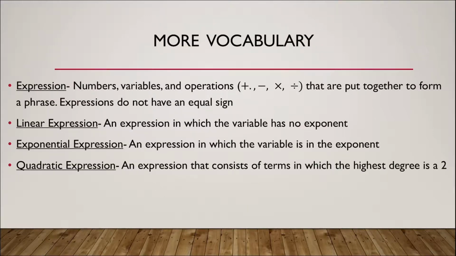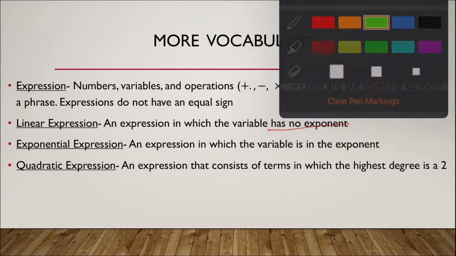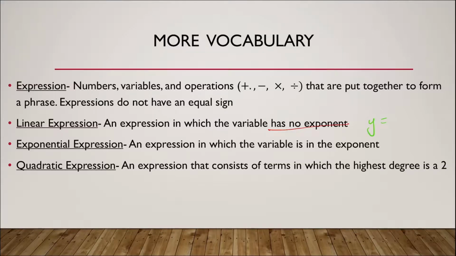Alright, an expression is numbers, variables, and operations, plus, minus, multiply, divide, that are put together to form a phrase. Expressions do not have to have an equal sign. A linear expression is an expression in which the variable has no exponent. So we would think of this as something like y equals mx plus b.